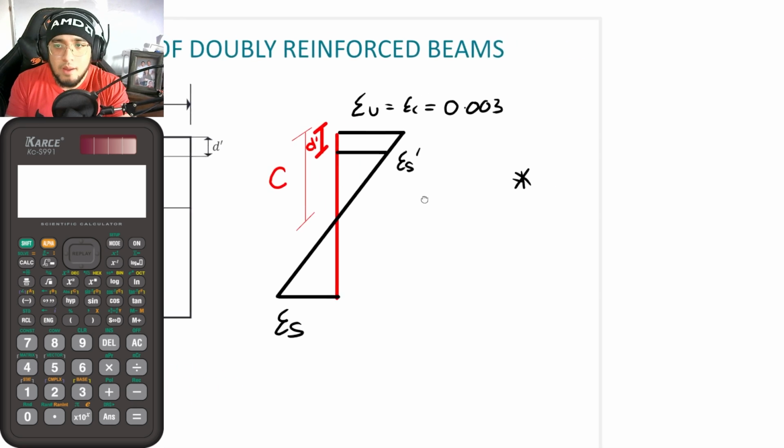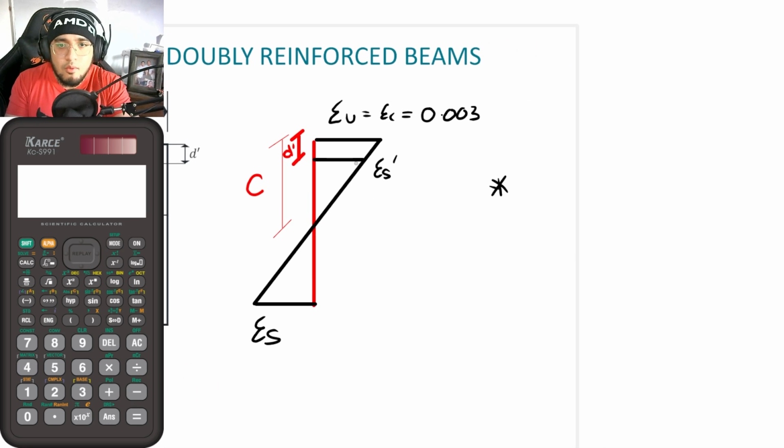So I will now be getting the ratio of the smaller triangle first. That is equal to strain S prime divided by this depth here, which is C minus d prime.